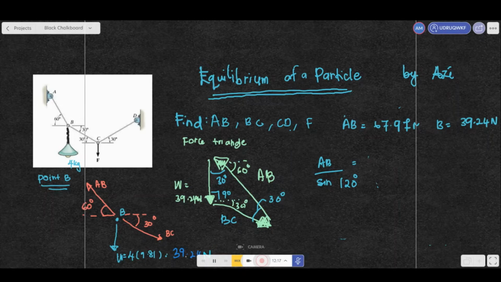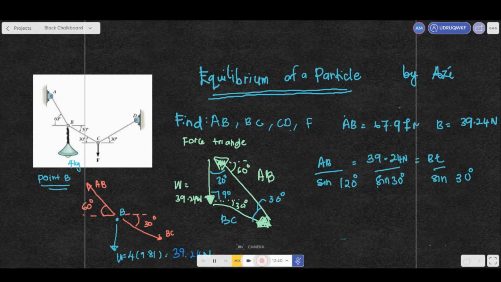AB is equal to the weight of the lamp, 39.24 Newton, divided by sine 30 degrees, is equal to BC over sine 30 degrees.